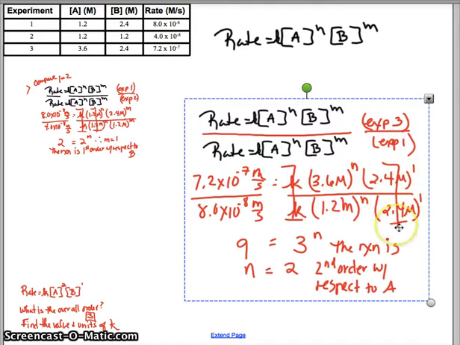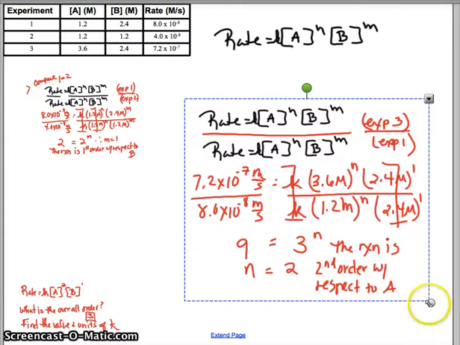This is constant as well as the K. Simplifying, this becomes 9 and this becomes 3 to the N. N then equals 2, and we say the reaction is second order with respect to A.